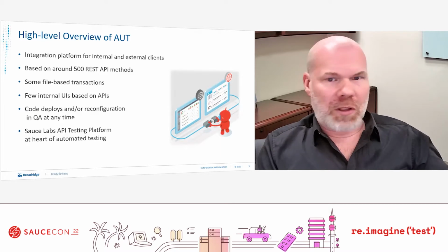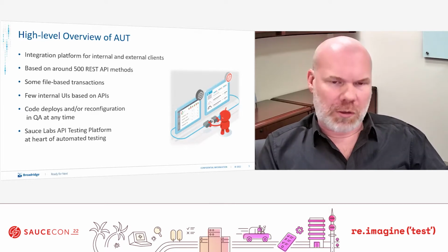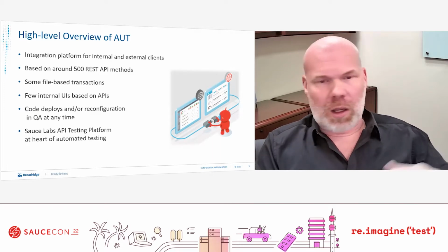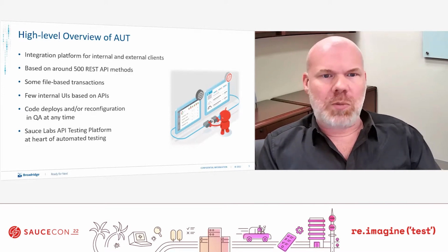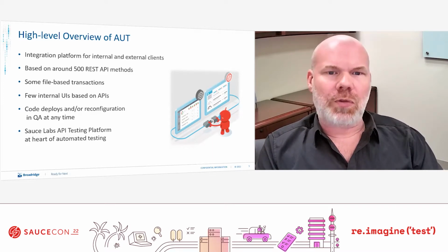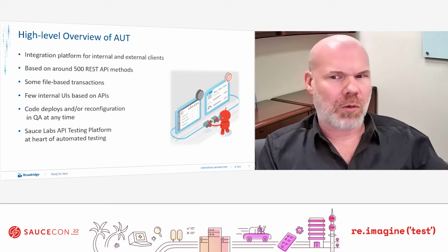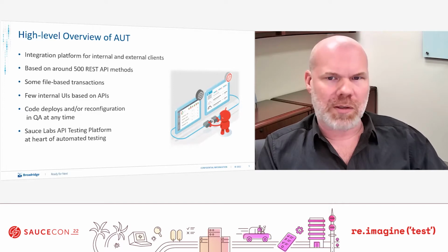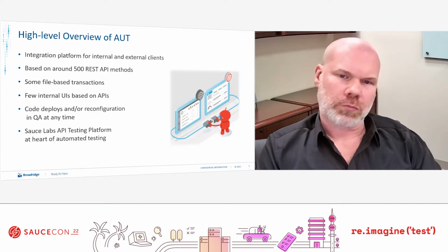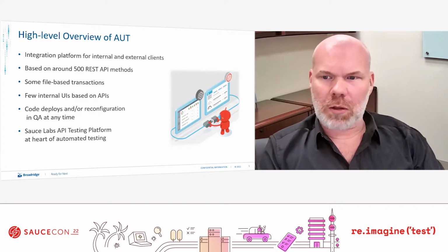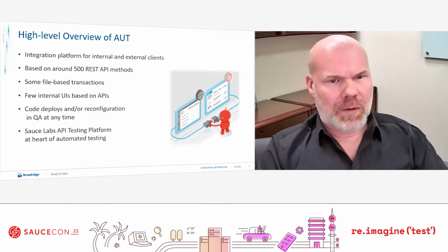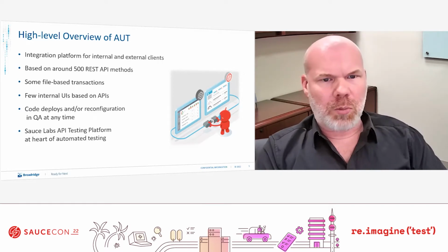There are some file-based transactions that we do with some of our internal and external clients, but the reality is that the way the system is being designed, we're taking some of those file-based transactions and converting them to APIs. So everything around this platform is really REST API driven. There are some UIs on the product. For the most part, it is just a standard platform that people will plug into.